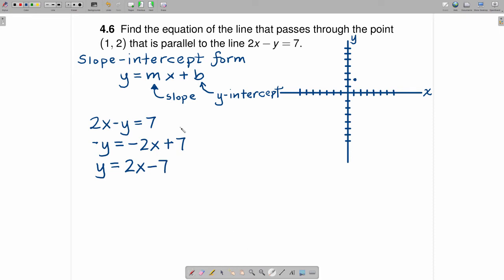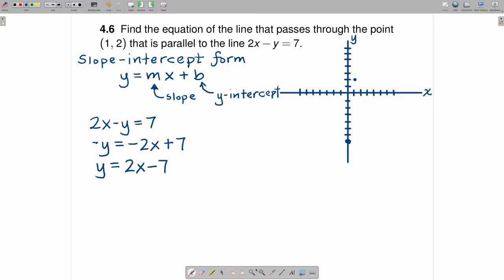So if you do the pattern matching here, m, the slope of the line, is 2, and b, the y-intercept, is negative 7. So let's go ahead and plot that point. If it has a y-intercept of negative 7, that line passes through this point right here.